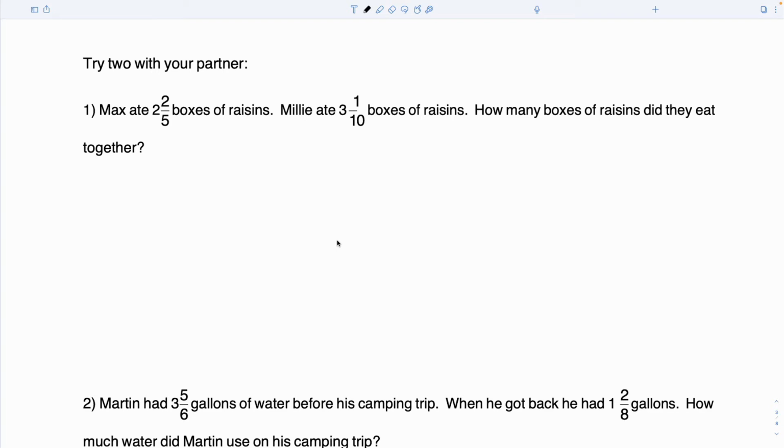Double check a few things with the partner. Are they adding or subtracting? Double check if they got the right answer.